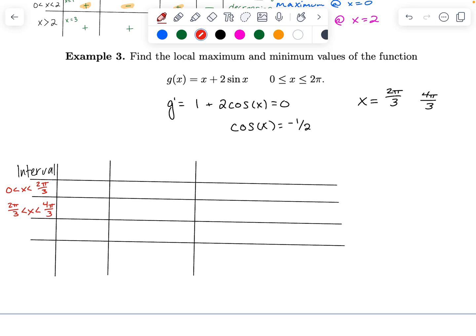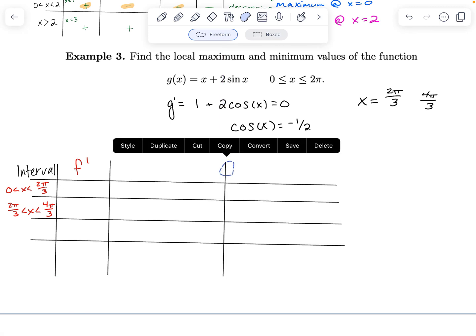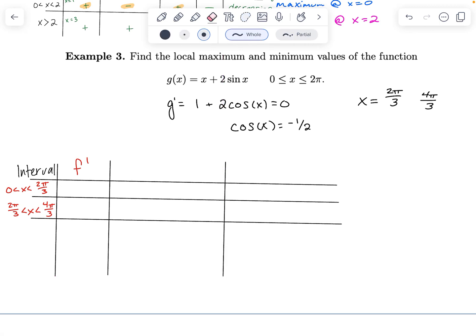And I want to know, is f prime positive, negative, or 0? And then what's happening to my function.